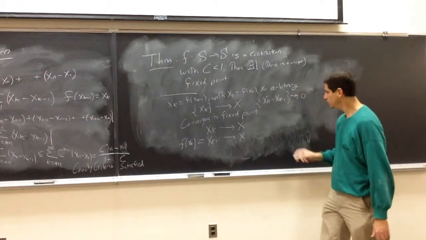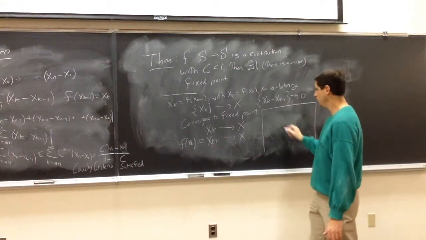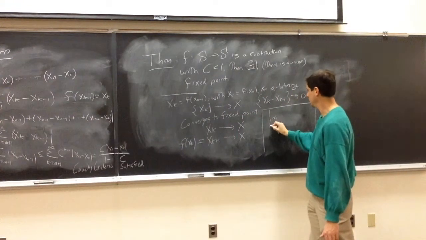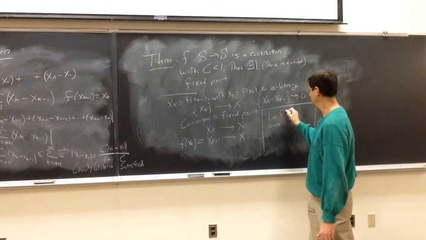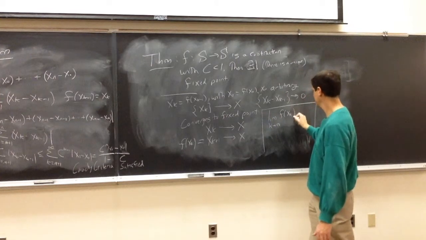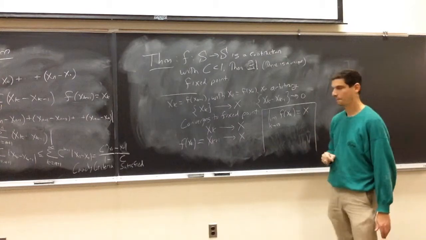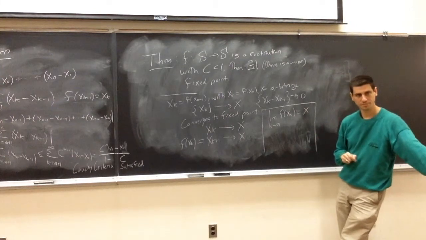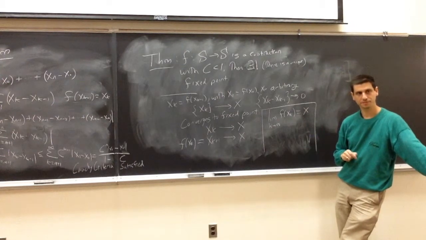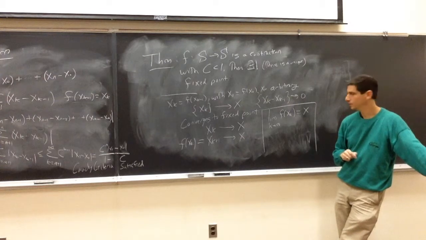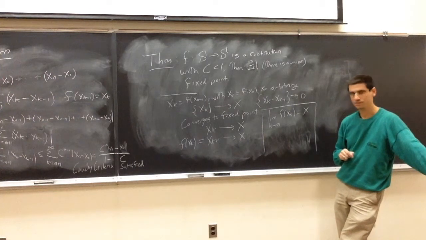Okay, so if we look at what we have, the limit as k goes to infinity of f of x_k equals x. What do we want to do?